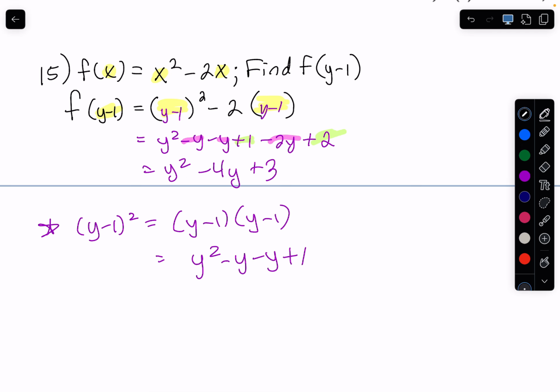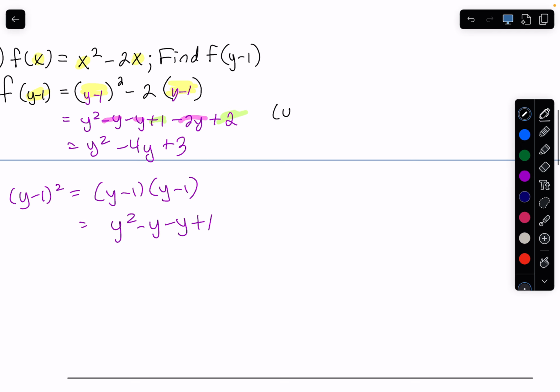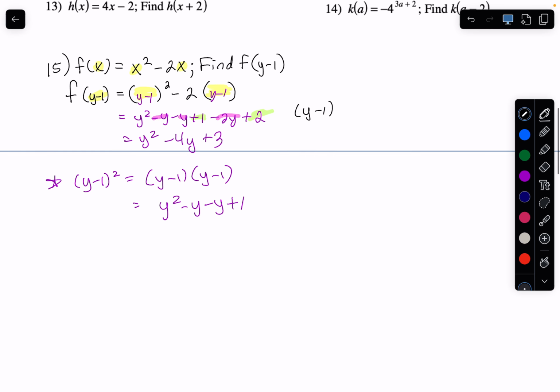So our ordered pair looks a little weird, but if I input y minus 1, I should get out, and maybe let's put a parenthesis, if I input y minus 1, I get out y squared minus 4y plus 3. So that is still somewhat an ordered pair. Input, output, any function can be written like that.